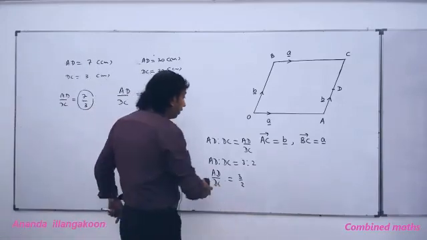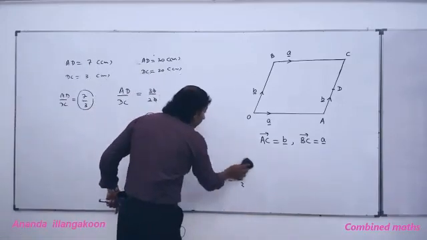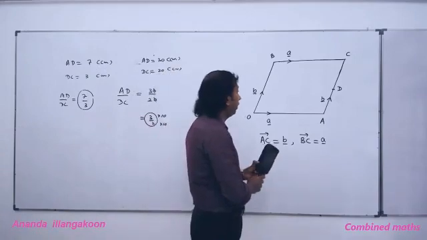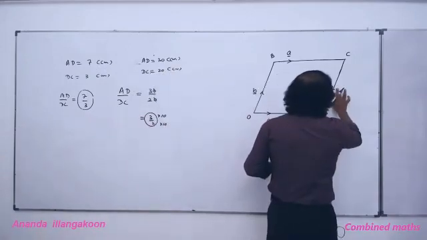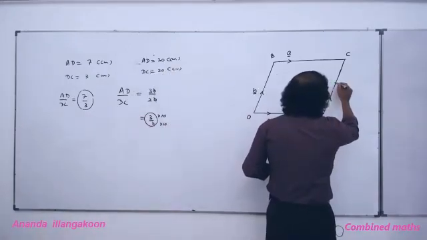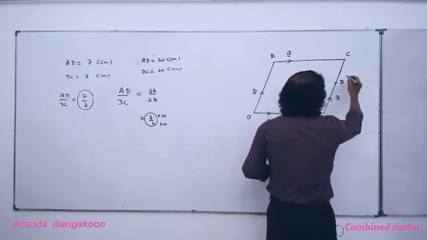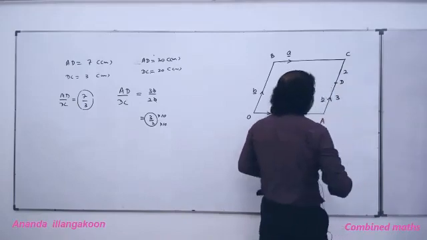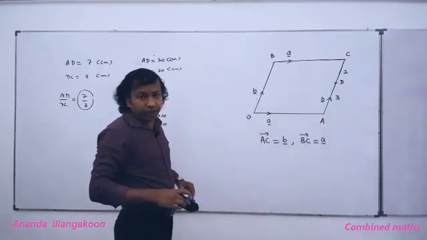Now D is the point on AC such that AD:DC is 3:2. That means when AD length is 3 units, DC length is 2 units. That's how we take this data.